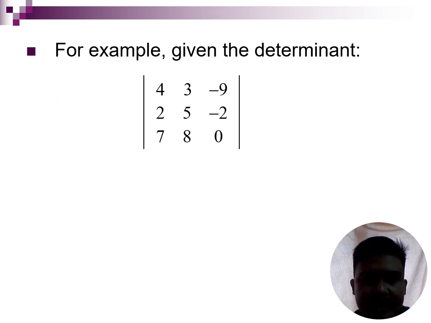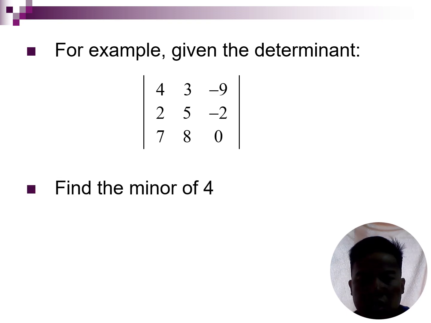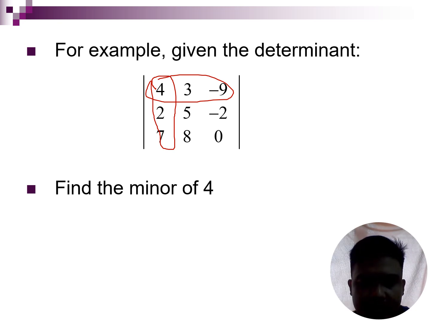Let's say, for example, given this determinant, we need to find the minor of 4. In finding the minor of 4, this is our first column and this is our first row. So for our minor of 4, we will have 5, negative 2, 8, 0.